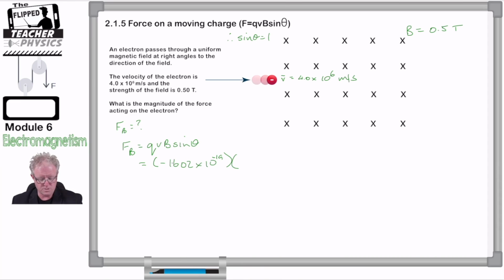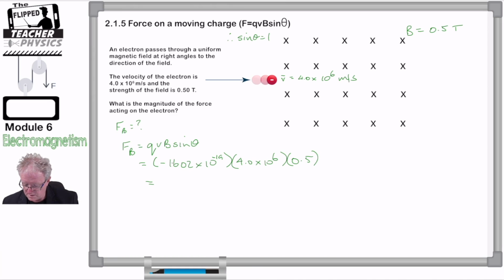We then put the velocity in, which is 4.0 times 10 to the 6. Then we put in the magnetic field, 0.5. And when we times all that together, what do we get?